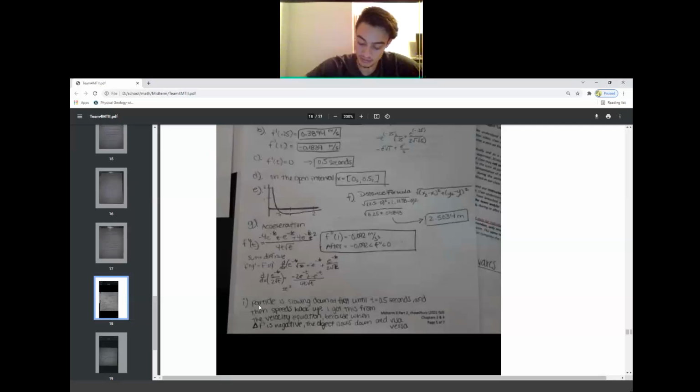So it's slowing down, hits 0 at 0.5 seconds, and then speeds back up after that as it hits negative velocity. My f prime derivative function is negative after that 0.5, which means it's speeding up, and before that it's slowing down because it comes to a stop at 0.5.